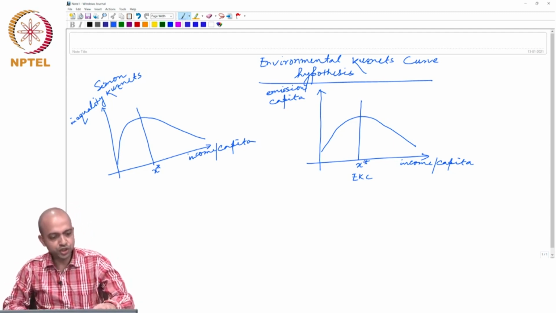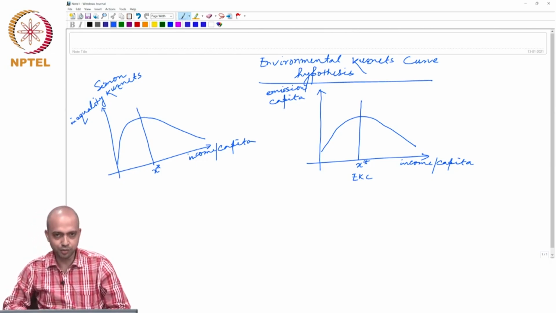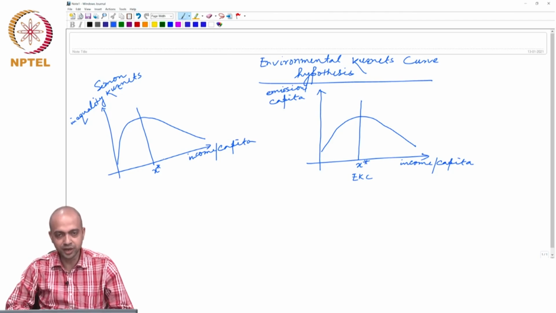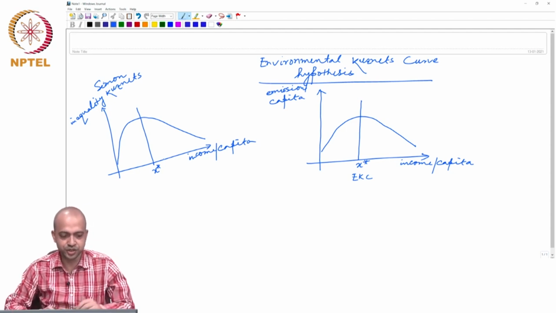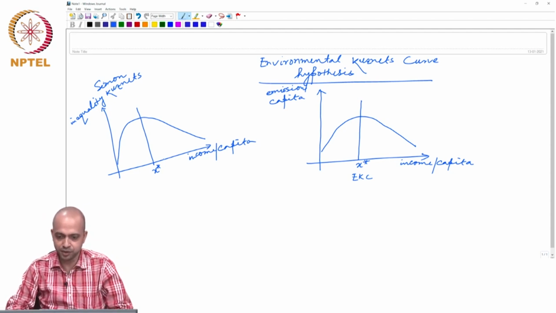So, this was the original Kuznets curve hypothesized by Simon Kuznets, and later on the idea was borrowed by environmental economists, and they applied the same concept in the context of income and emission, and that is why it is called the environmental Kuznets curve, while the original Kuznets curve hypothesized the relationship between inequality and income per capita.